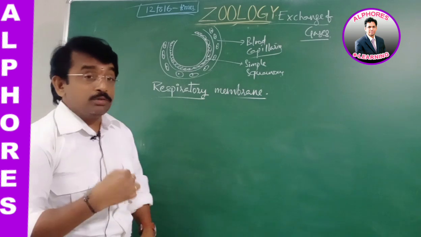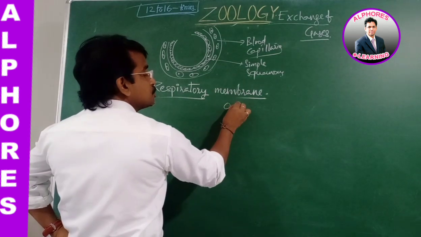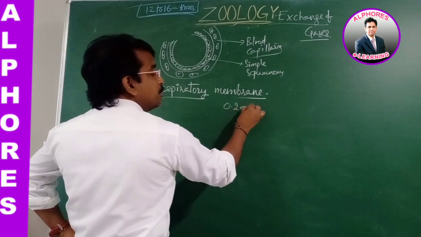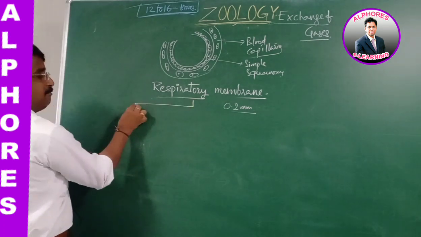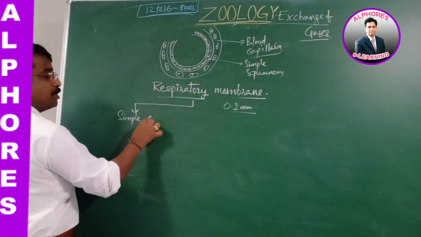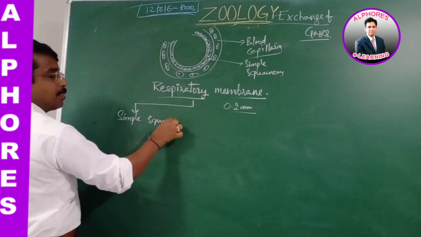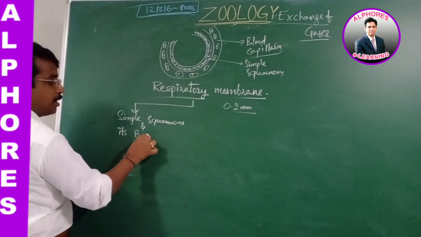Now, how is the respiratory membrane formed? Respiratory membrane thickness is 0.2 millimeter. The respiratory membrane is the combination of the simple squamous epithelium and its basement membrane.